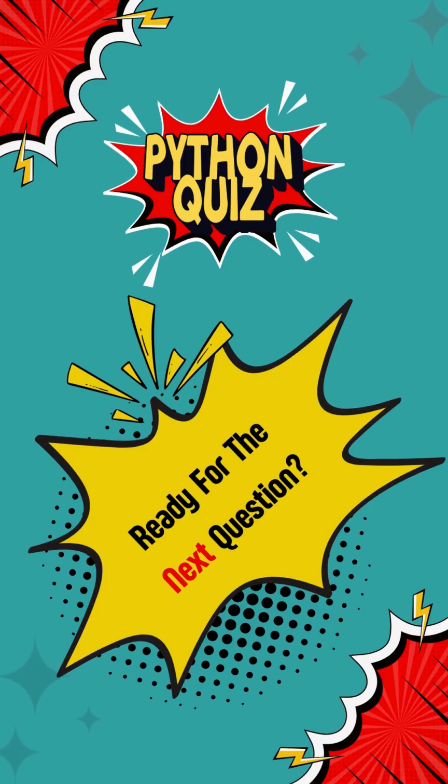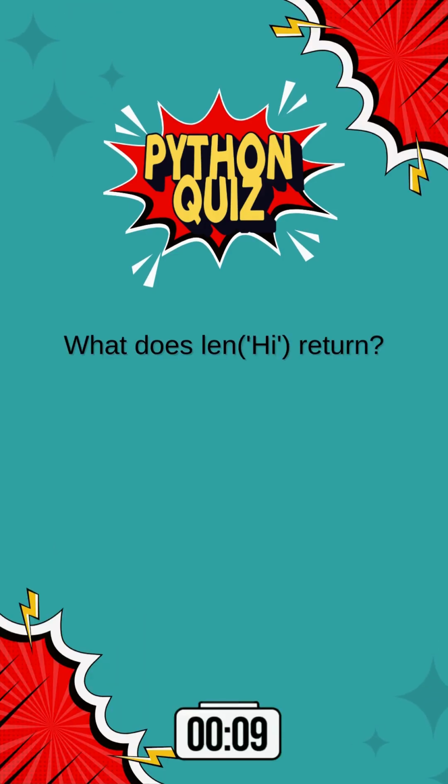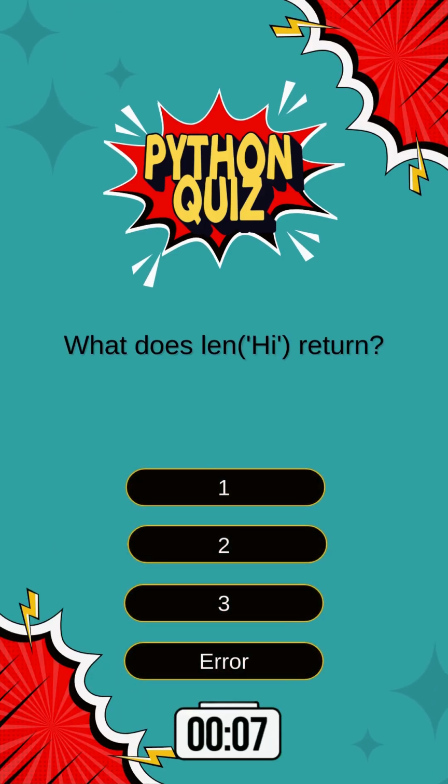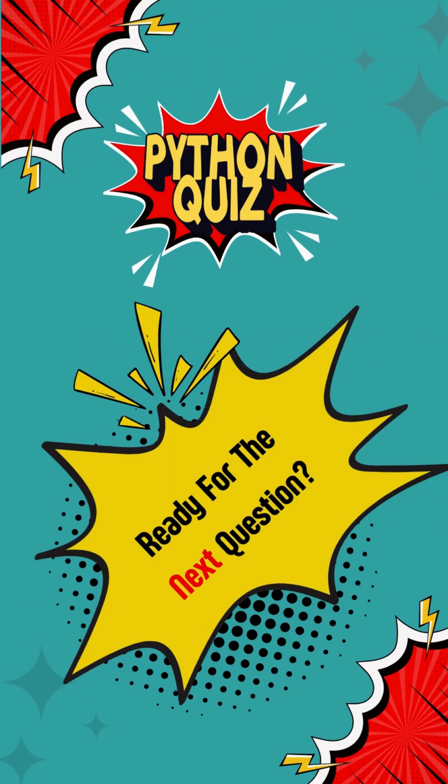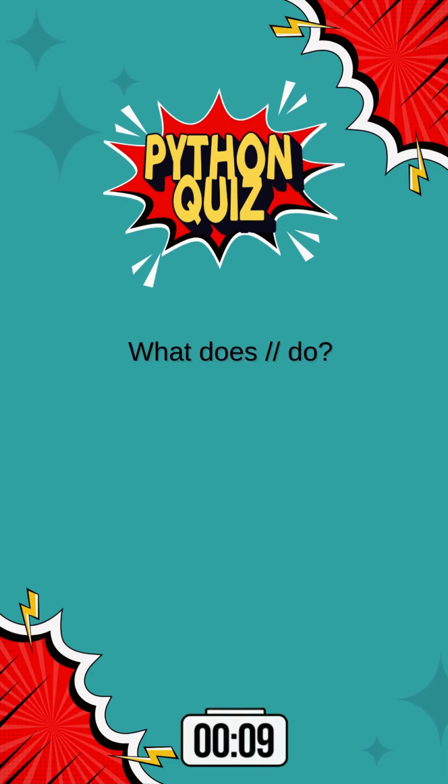Ready for the next question. What does len("high") return? Ready for the next question. What does this symbol do?